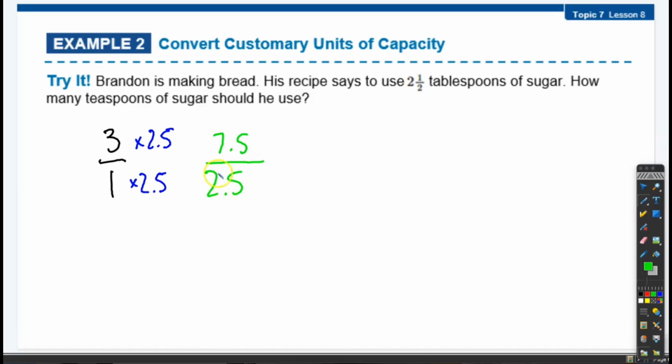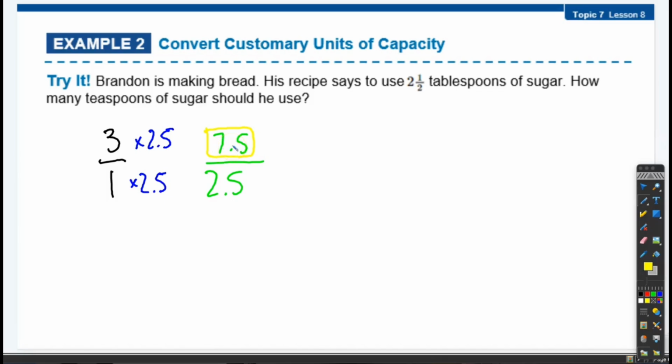Easy. So your answer, how many teaspoons of sugar should he use? It's 7.5 teaspoons of sugar to make bread.